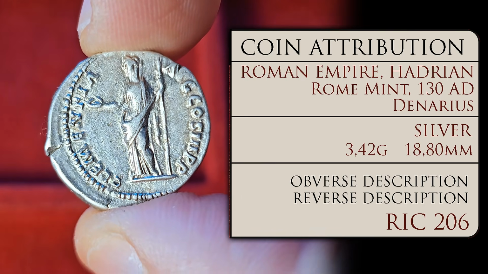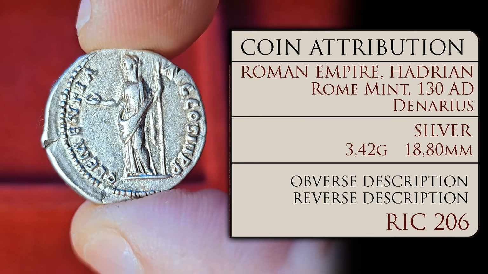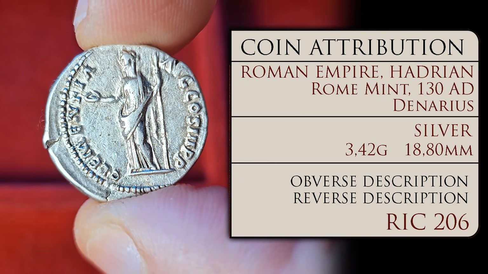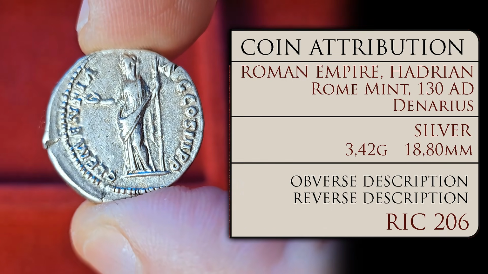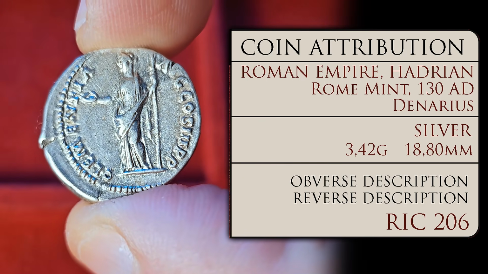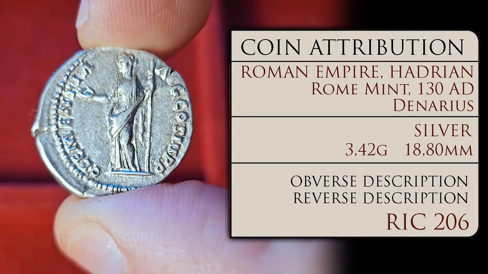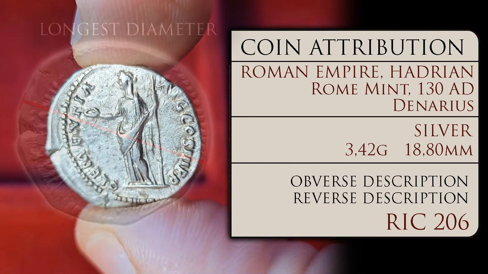I know this might sound like nitpicking, but things like this can affect a coin's market value or even indicate a fake. Every single item of an attribution is important and has a reason to be there. Don't skip them. Next, still in the physical characteristics part of it, how large it is in its diameter.